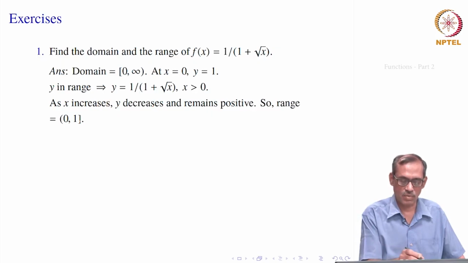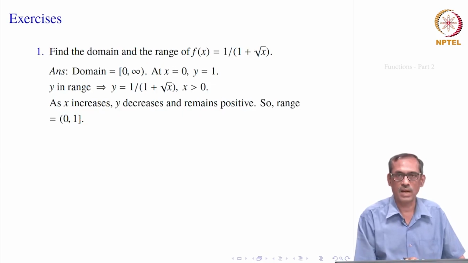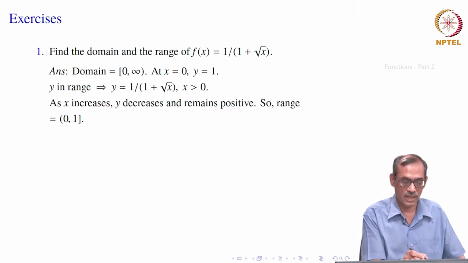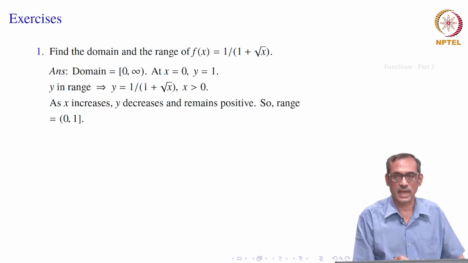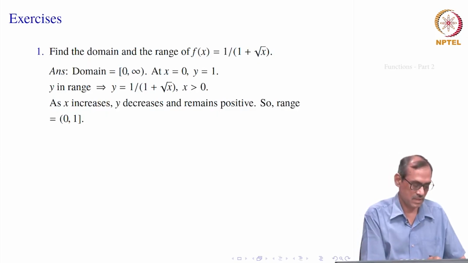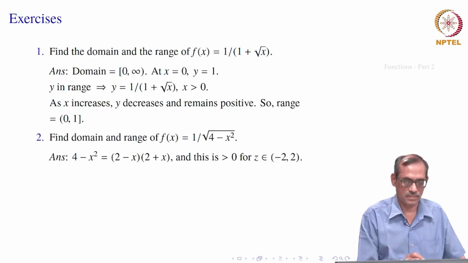So, it cannot go beyond this 1. Therefore, the range must be (0, 1], but to be sure it is that, you have to see something more: that for each y in the semi-open interval (0, 1], you should find a corresponding x, and that is quite easy to get. So, this is the range.